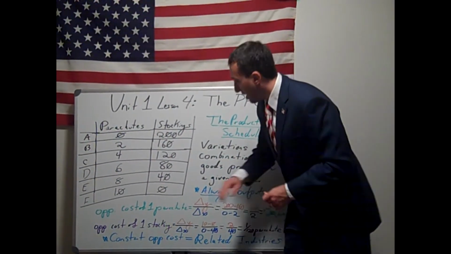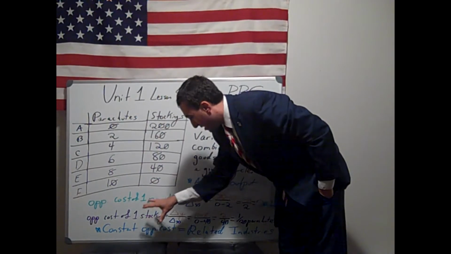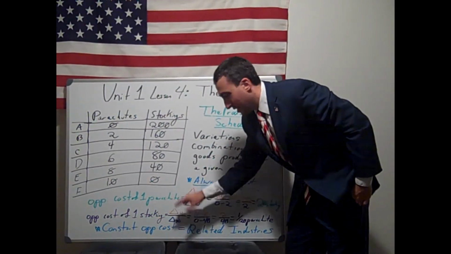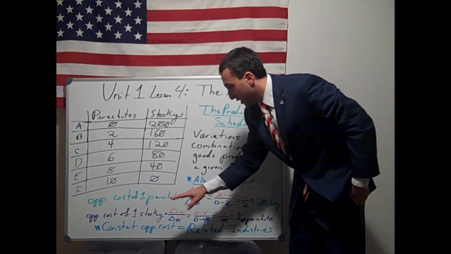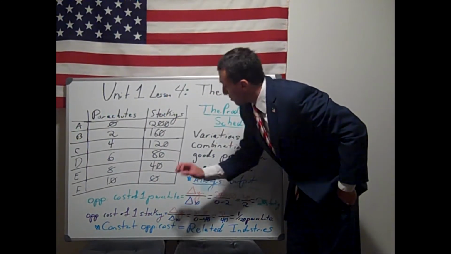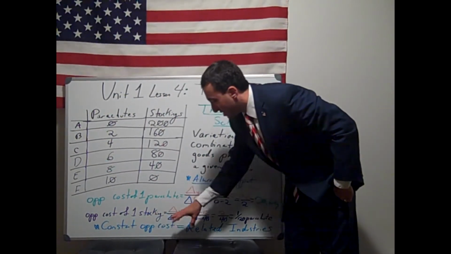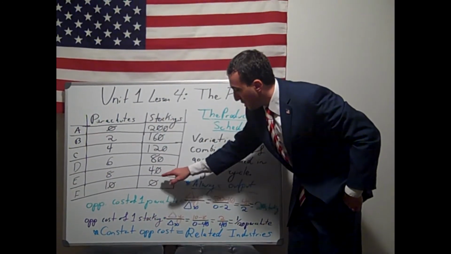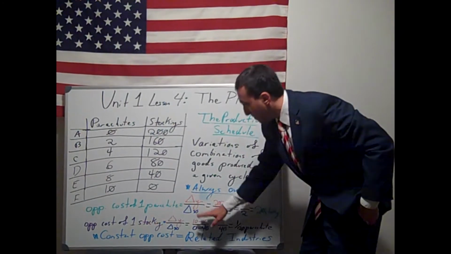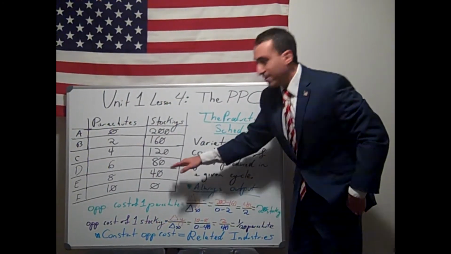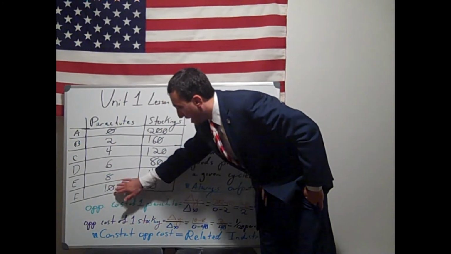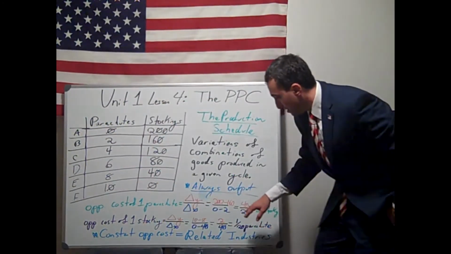Let's go to the opportunity cost of one stocking. We have the change in given up over the change in chosen. In this case, we are choosing stockings, so that is our x. It goes on the bottom, in the denominator. So as we go from 0 to 40, as we choose to produce stockings versus parachutes, we now go from 10 to 8 in parachutes.